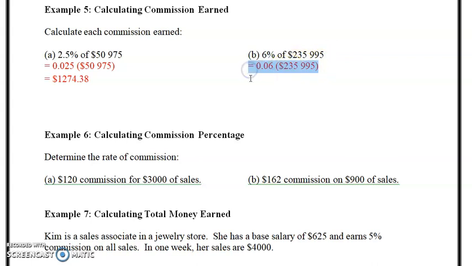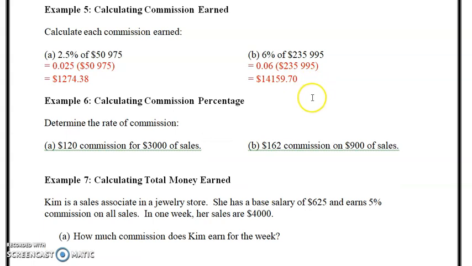So we calculate 6% of that and we get a dollar amount: 0.06 multiplied by 235,995, and we get $14,159.70. So change the percent to a decimal by dividing by 100, then multiply by the amount, and that is the commission earned.